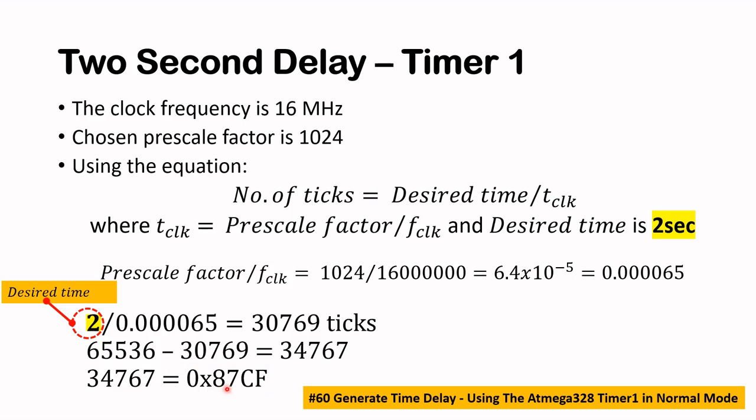So this would be the value that I need for timer 1. Now you can refer to the details of timer 1 in normal mode in video 60. Again, the link for this video is in the description.